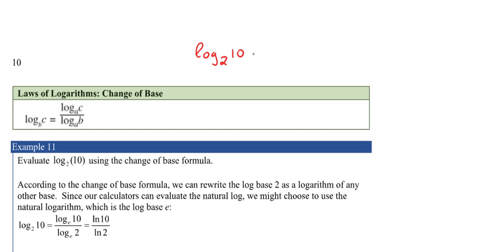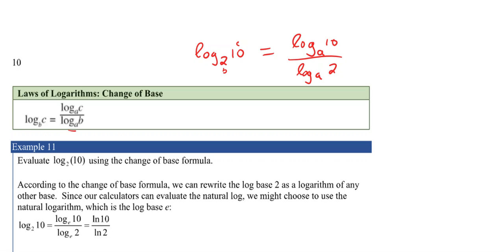So this would be the same as log base a, I'm just going to leave it as a for a second, of c, and c was 10, over log base a of b, and our b value was 2.